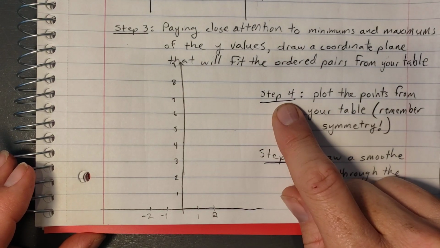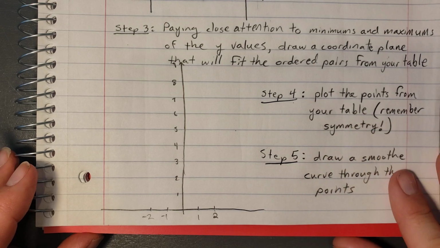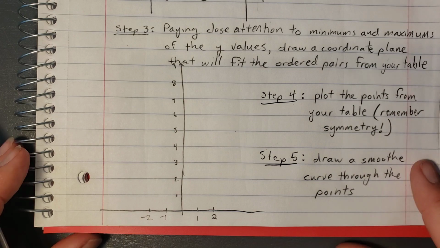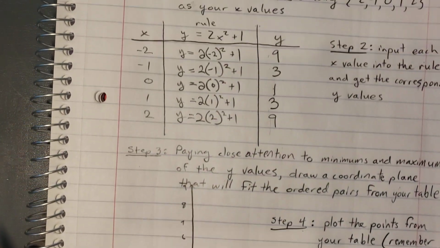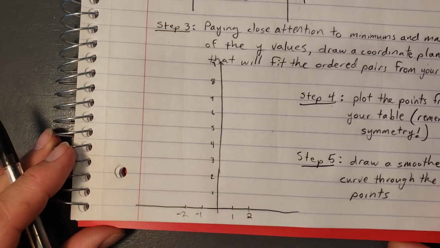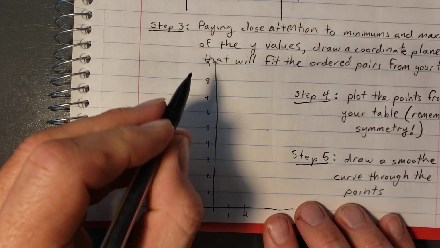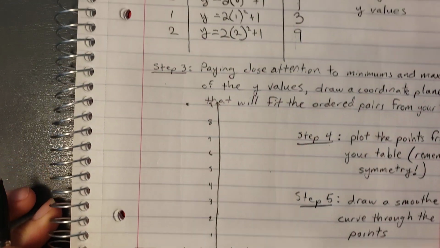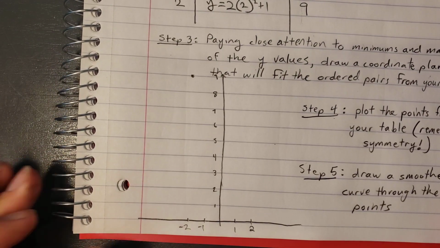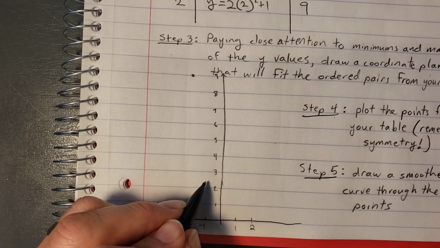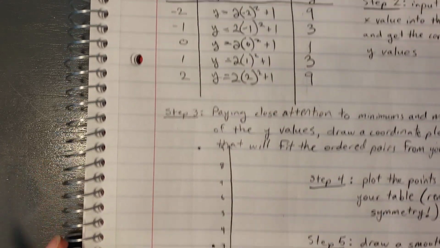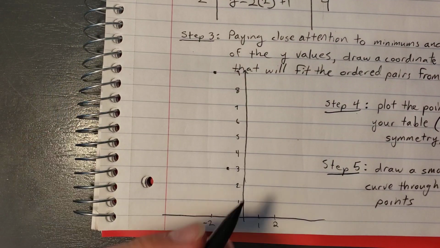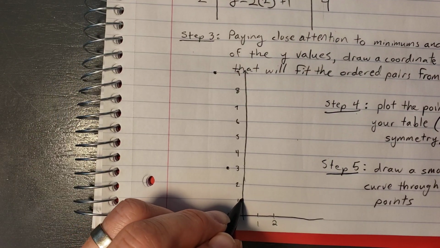Now step 4 is plot the points from your table. Remember symmetry as you do it. It helps you adjust the points as necessary to fit. So we have -2, 9. Then -1, 3. Then 0, 1.